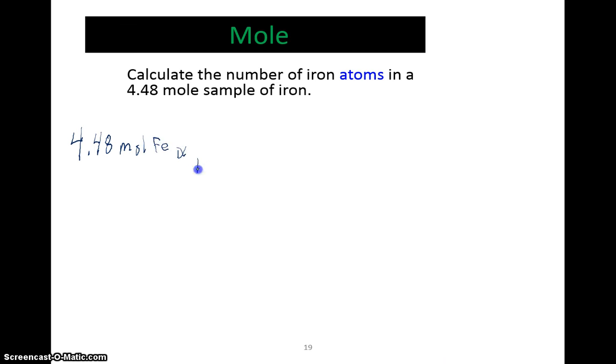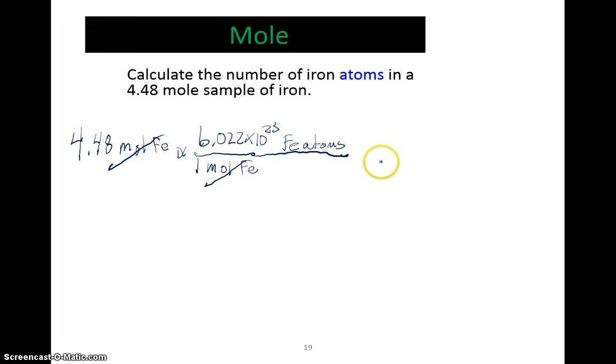We know that for every 1 mole of iron, we have 6.022 times 10 to the 23rd iron atoms. We remember dimensional analysis: when we have a unit in both the top and the bottom of a fraction, they cancel out. Our final units are going to be iron atoms. And when we solve this, we get 2.70 times 10 to the 24 iron atoms.